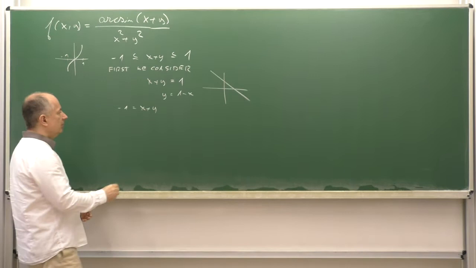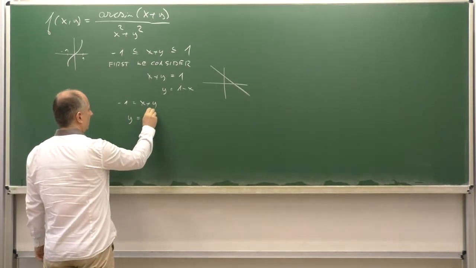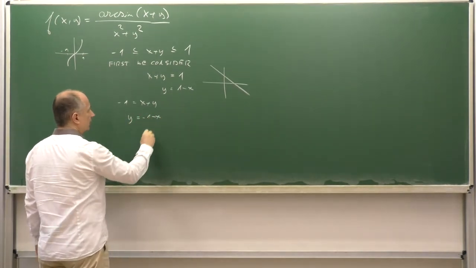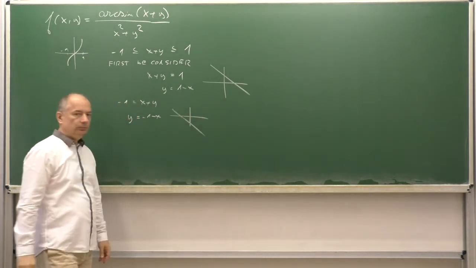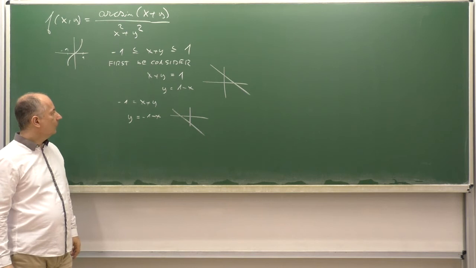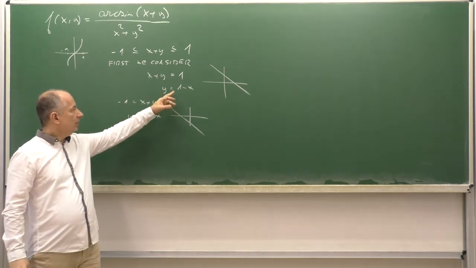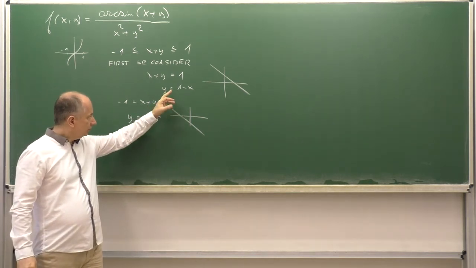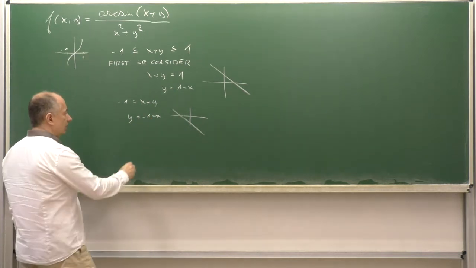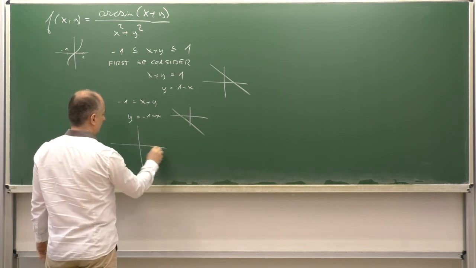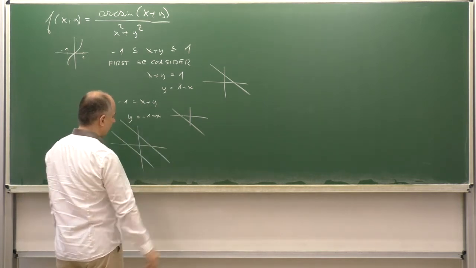This is also easy to sketch. y is minus 1 minus x. So if we plot the two graphs of these two curves in a single plot, we have two parallel lines like that.